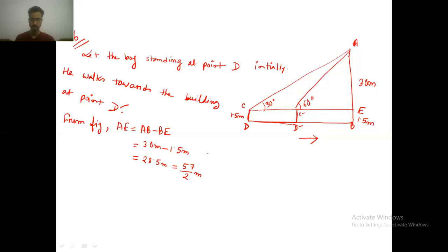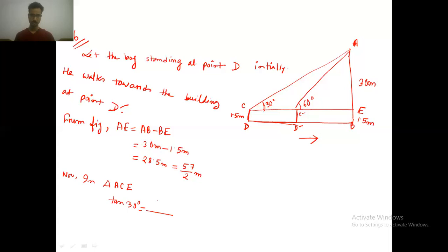So write down now, in triangle ACE. Now see, in triangle ACE, for this angle C, your AE will be your perpendicular, CE will be your base, and AC will be your hypotenuse. Yes or no? Now see, for this angle ACE, we can write tan 30 degree equal to perpendicular by base.